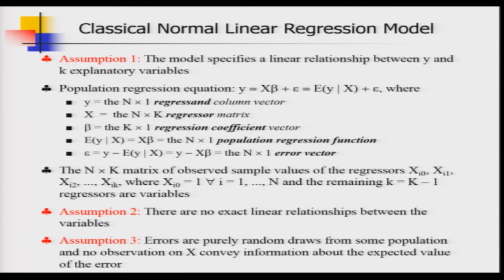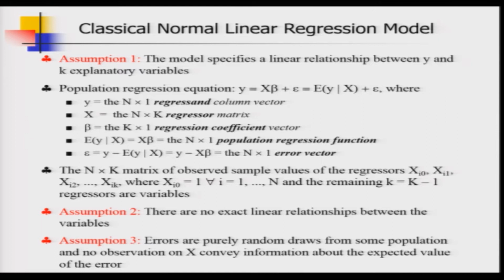Now, note that this n cross k matrix is also called a data matrix, and this is a matrix of observed sample values of the regressors x i0, x i1, up to x ik. So, x i0 is basically that column which will have values 1 for all observations. This is inserted in the data matrix to take care of the intercept term.